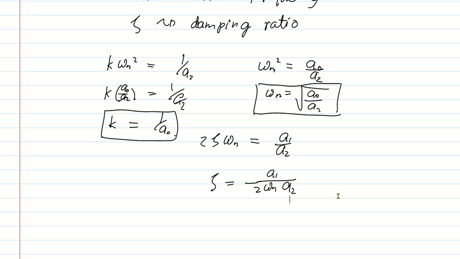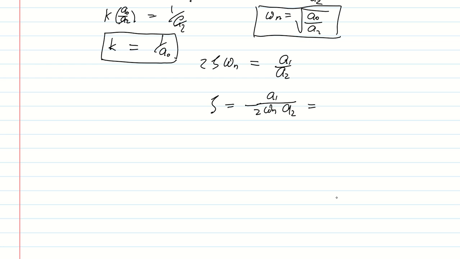But what is omega n? Omega n is equal to the square root of a0 over a2, so this is a1 over the square root of a0 over a2, multiplied by a2. If you simplify this further, you can put a2 inside the square root.